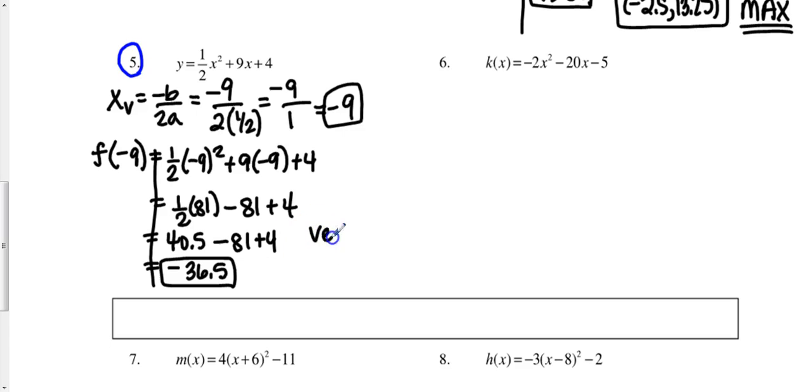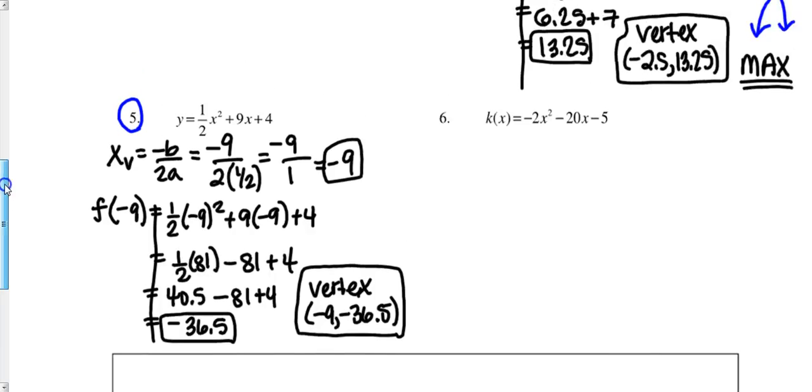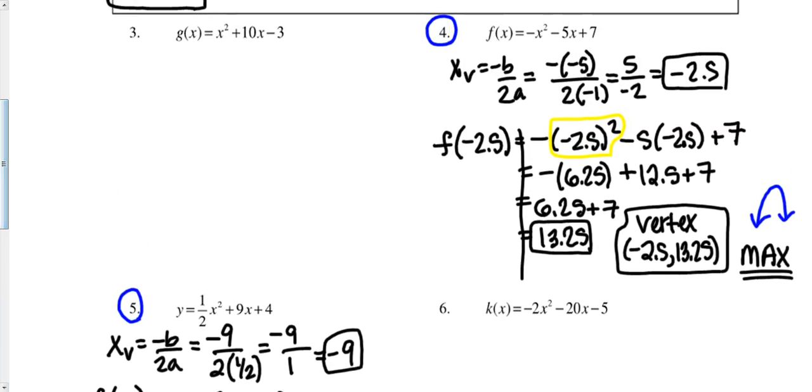So my vertex is at negative 9, negative 36.5. And I have to decide, does this create a maximum or a minimum? What do you say? Well, to know that for number 4, we committed to the fact that it was a negative a, so it opened down.